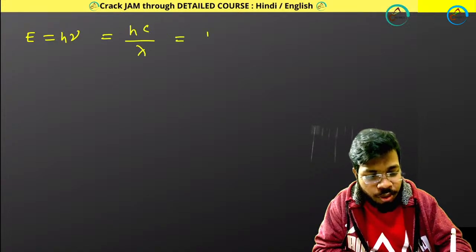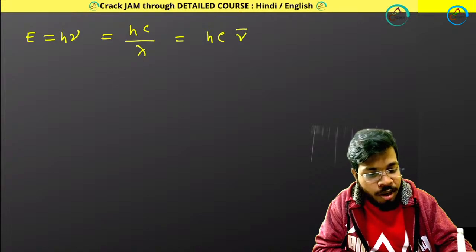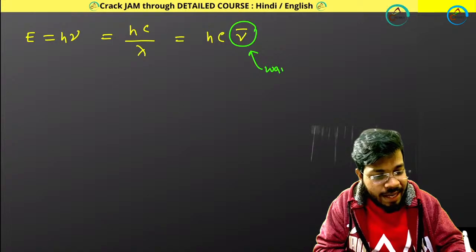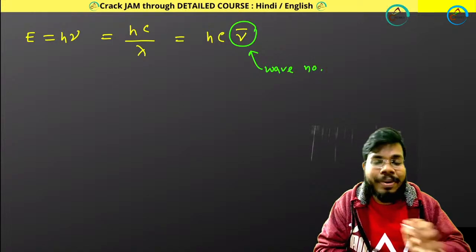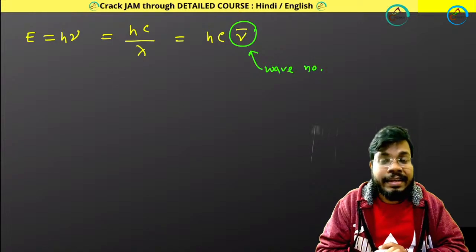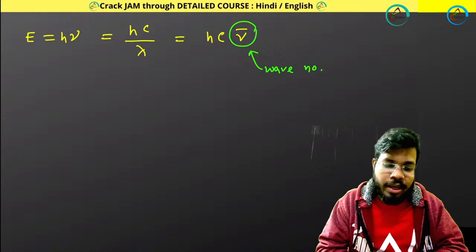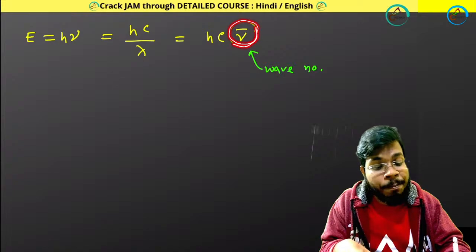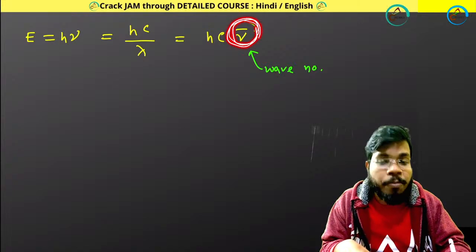And 1 by lambda means nu bar, which is called wave number, useful to represent the energy in spectroscopy.